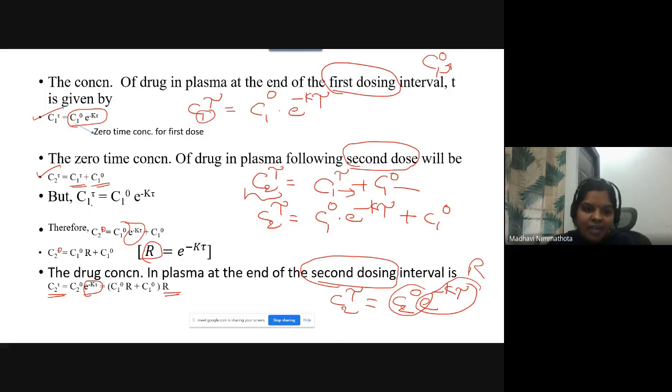But we have an equation, C1 tau is equal to this. Then instead of C1 tau, you have to replace this one. Therefore, C20 is equal to C1 into e to the power of minus Kt plus C10. So then your equations will be like this.